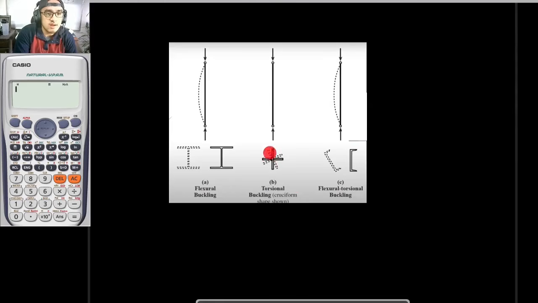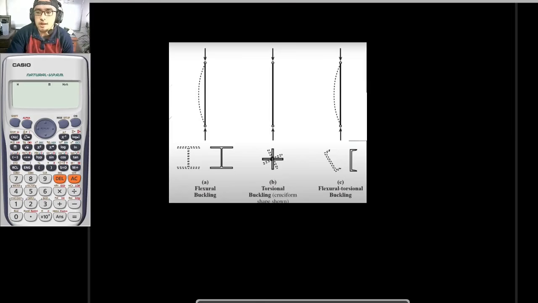As you can see here, this would be a cross. And by inspection, malalaman nyo na same ang Ix and Iy natin, so the inertia X and the inertia Y. If that would be the case, ang mangyayari dito sa certain structural member natin na to is to buckle torsionally. So ibig sabihin magti-twist siya. I cannot give you an example using this ruler.